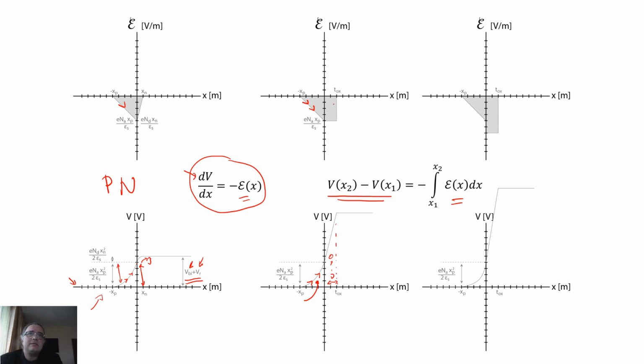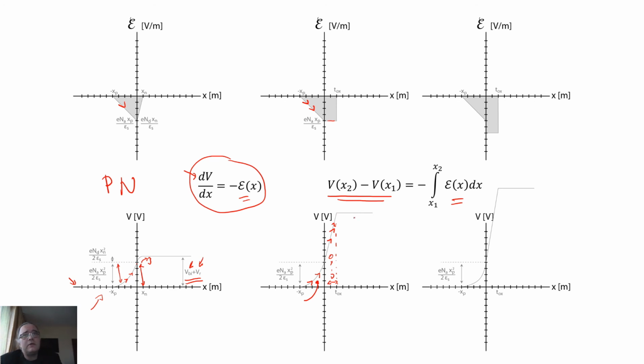And inside the oxide, the electric field is constant. Hence, if we integrate it, we will have a linear function. Then, at the interface between the oxide and the metal, we have a layer of positive charge, which will actually set the electric field to 0, and the potential will remain there.